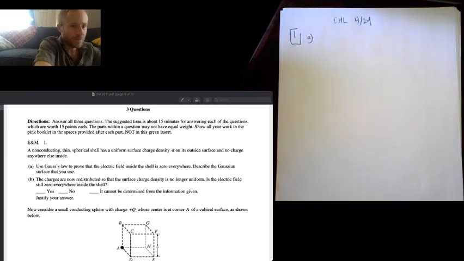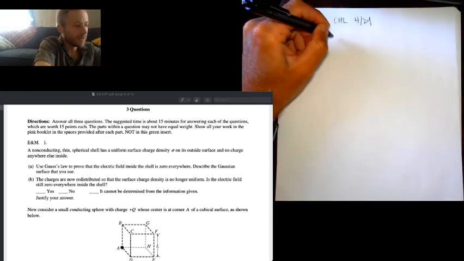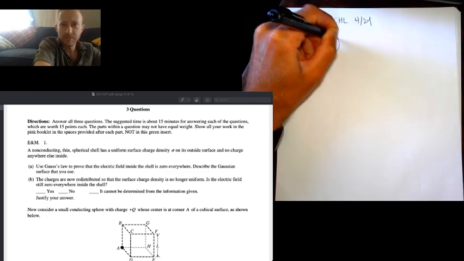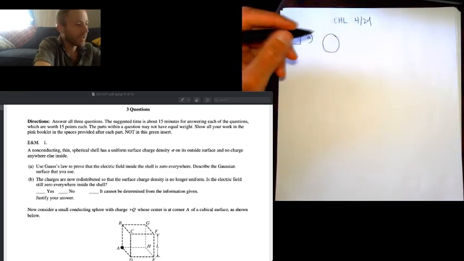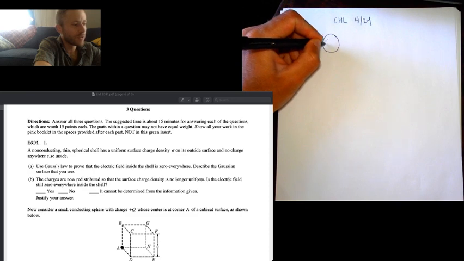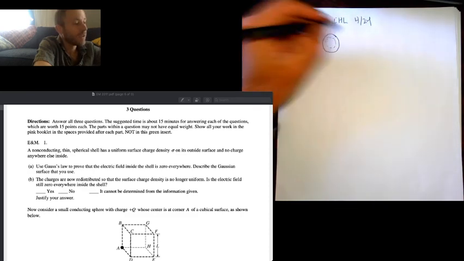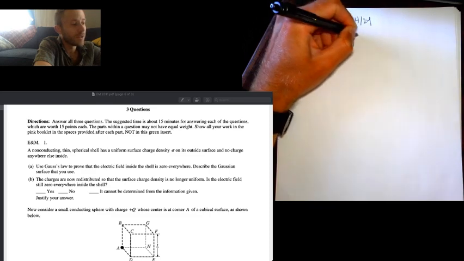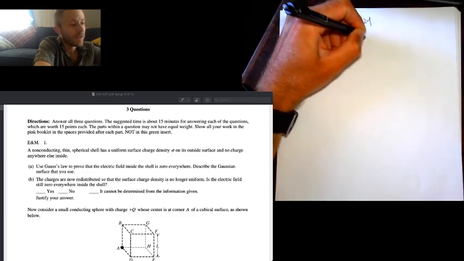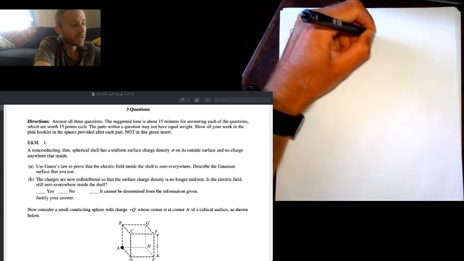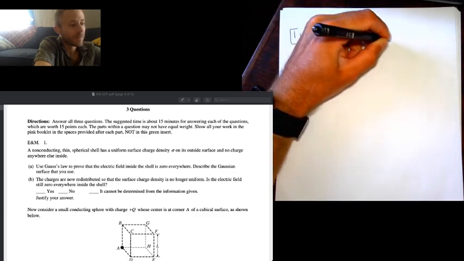If this is your non-conducting shell, your Gaussian surface you want to be a spherical surface just inside that, and you have the integral of E dot dA equals charge enclosed over epsilon naught.